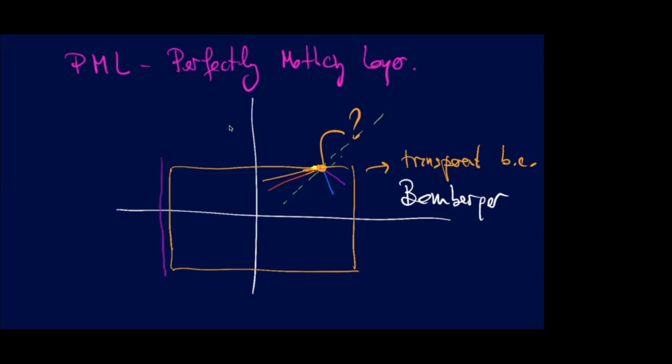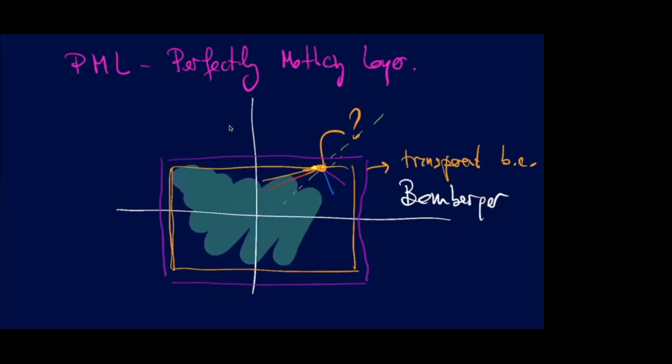So let us put a frame. This is perfectly possible. Even if you tell me that my computational domain is this orange rectangle here, that I can fill with this green color, this is my computational domain.